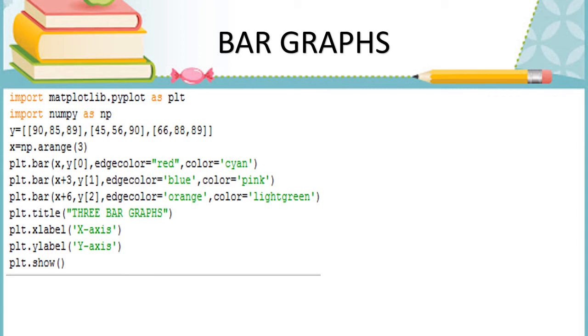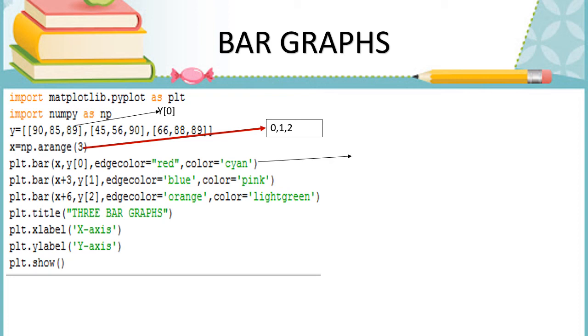And we can draw more than one graph using a single list variable. See here, I'm using y equal to a multi list. Look, 90, 85, 89 is the first sublist of y. And for the x value I have generated a range of 3, so 0, 1, 2 will be generated.